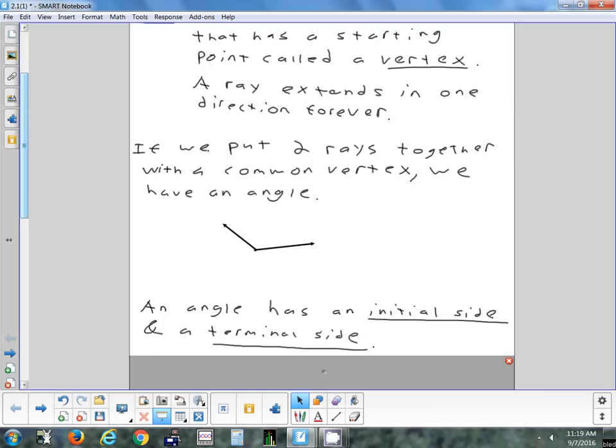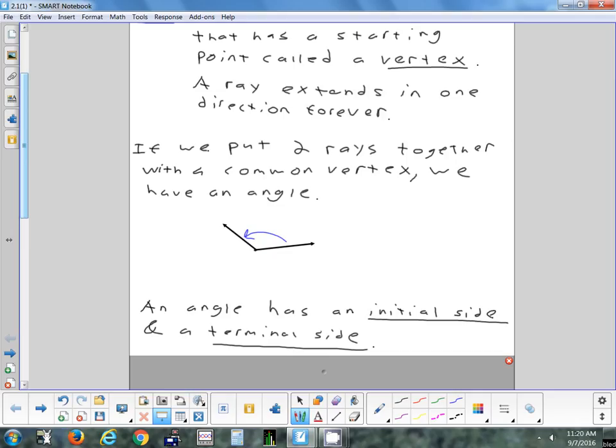When you create an angle, it has two different sides. One of the sides is called the initial, and the other one is called the terminal. Does anybody know in this angle which one is which? The way you tell is you rotate counterclockwise inside the angle, like this, from there to there.